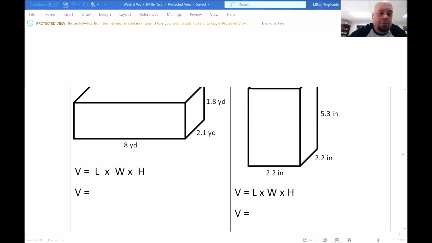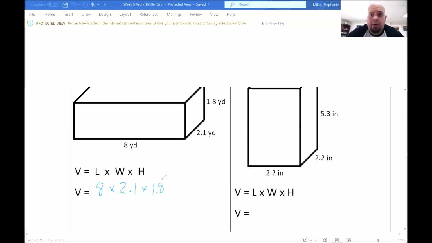We're going to have a length of 8 from left to right. So we have 8 times a width, which is back to front or front to back, which is 2 1/10, multiplied by a height of 1 1/10.